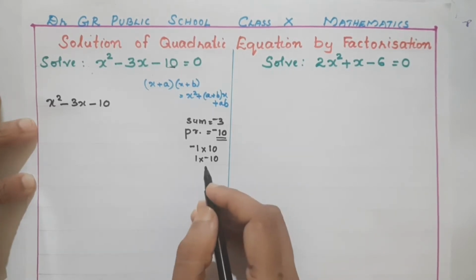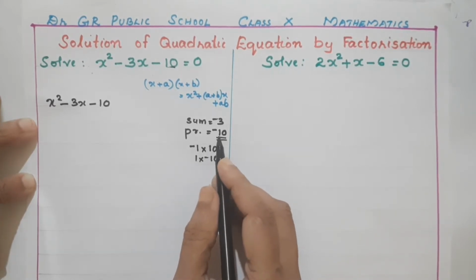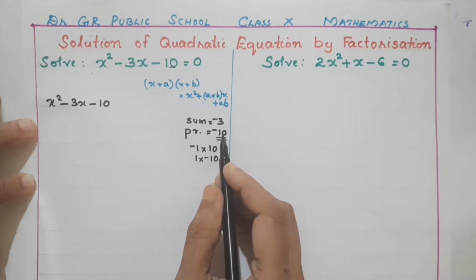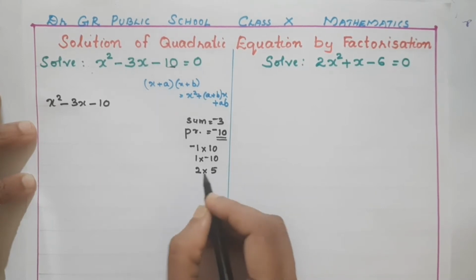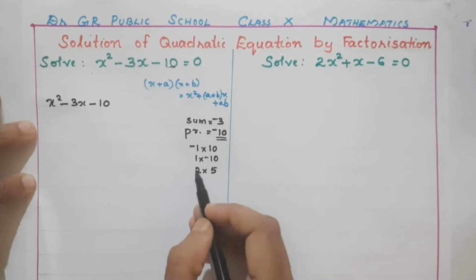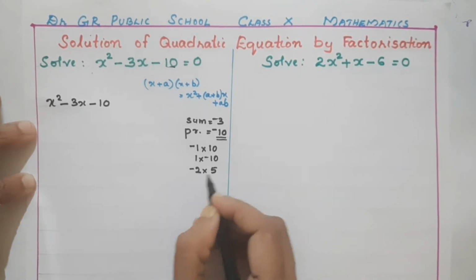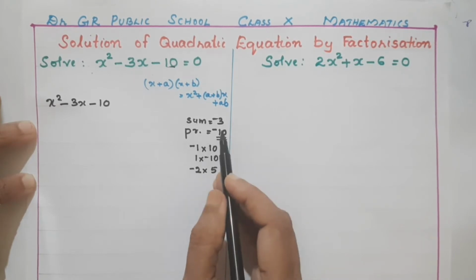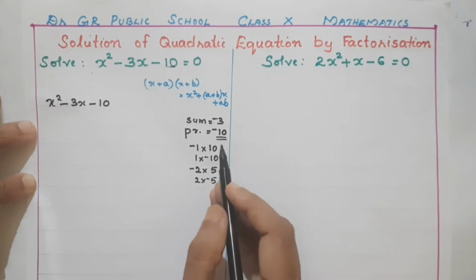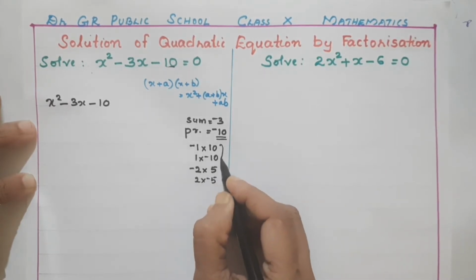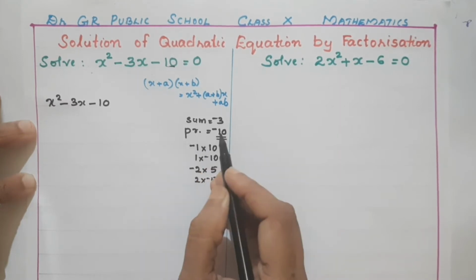Then any other way to get the product as 10? Yes, 2 into 5. But one number should be negative. So minus 2 into 5 can be minus 10, or 2 into minus 5 is also minus 10. So these are the factorization of this product number.